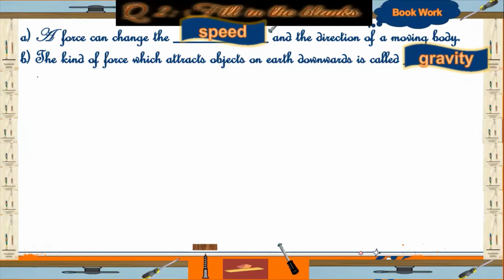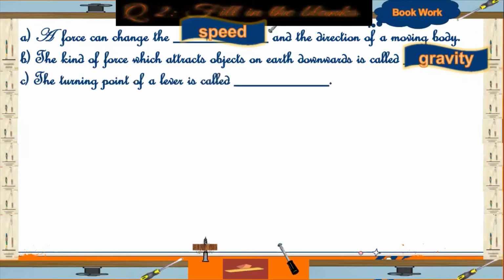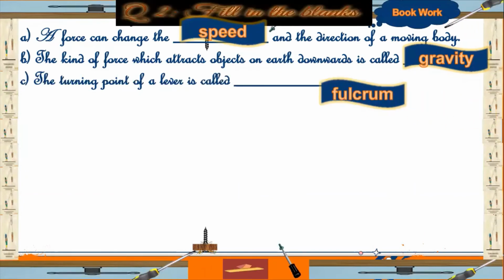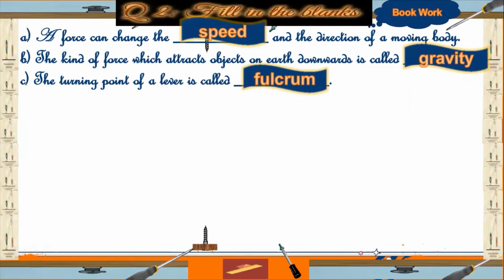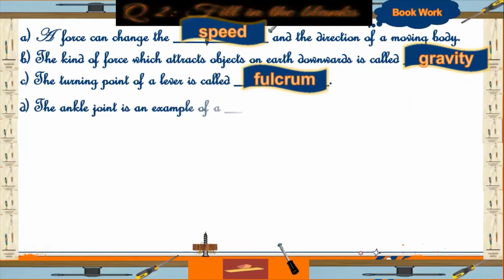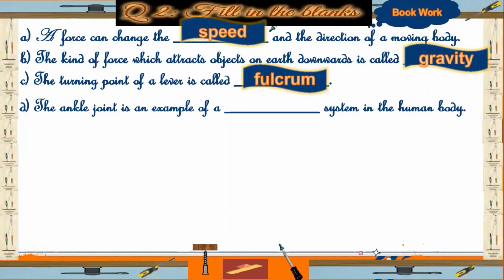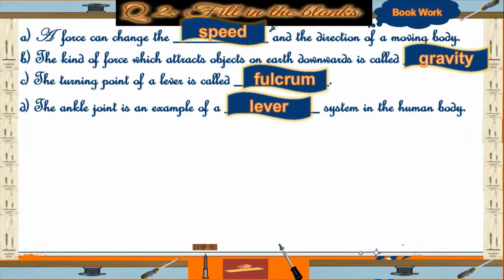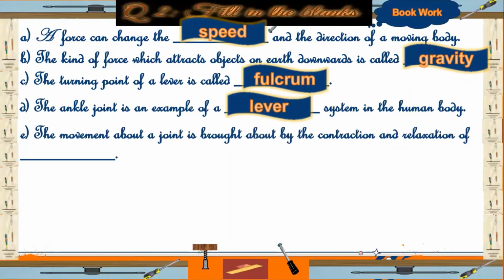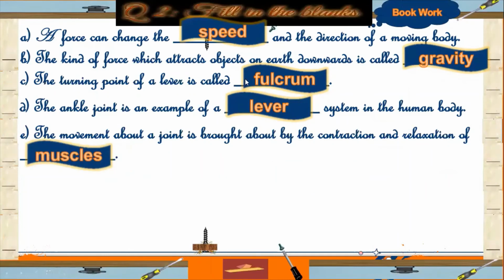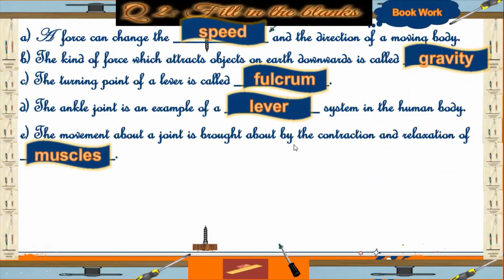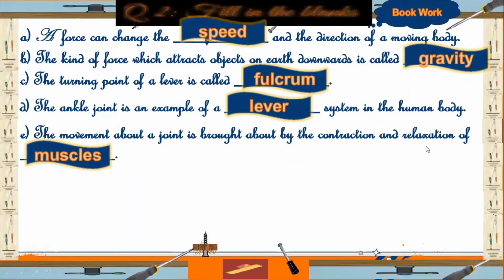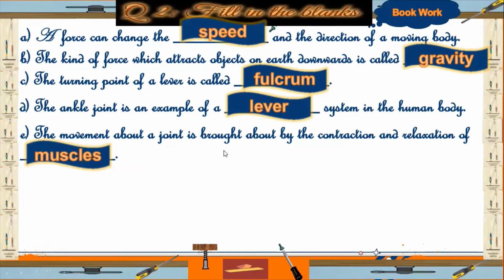Gravity. The turning point of a lever is called dash. It's fulcrum. D. The ankle joint is an example of a dash system in the human body. That is lever. The movement about the joint is brought about by the contraction and relaxation of muscles.